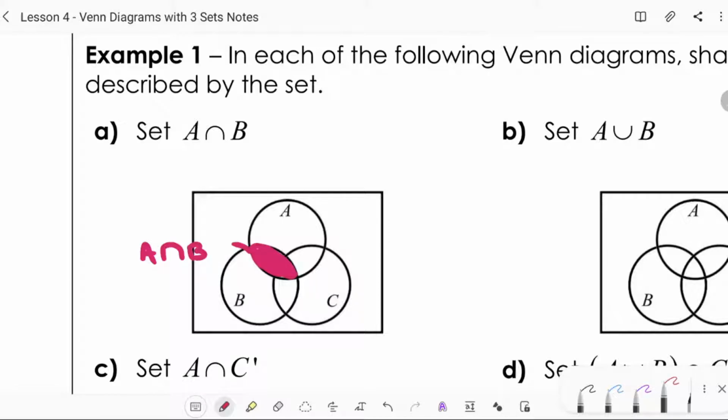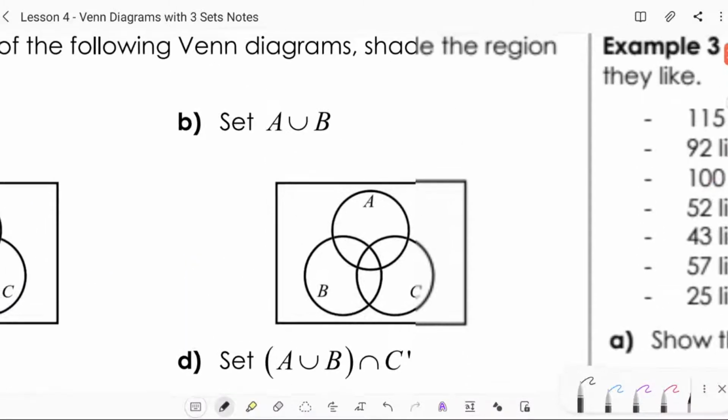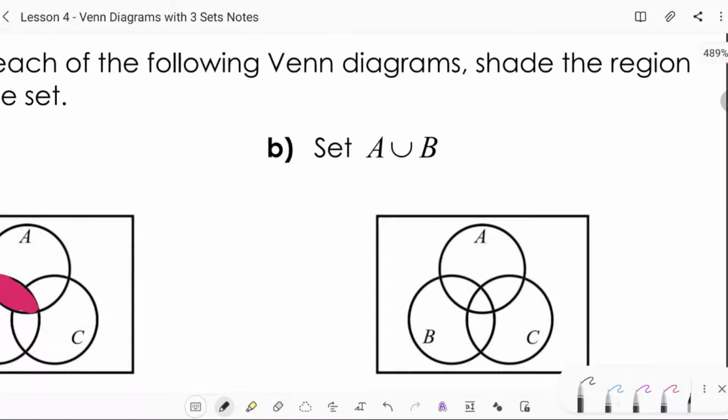If I'm to talk about A union B, on the other hand, right, that is all of A. Okay, including all of A. And it includes the intersection.